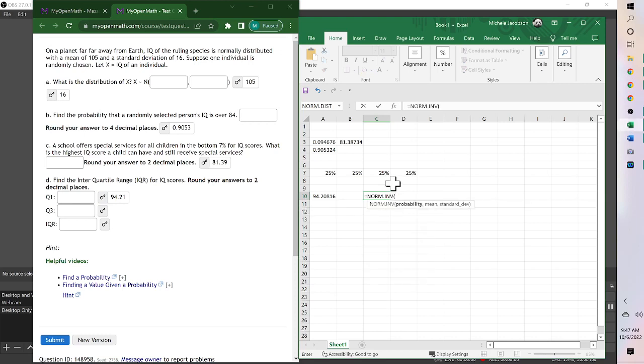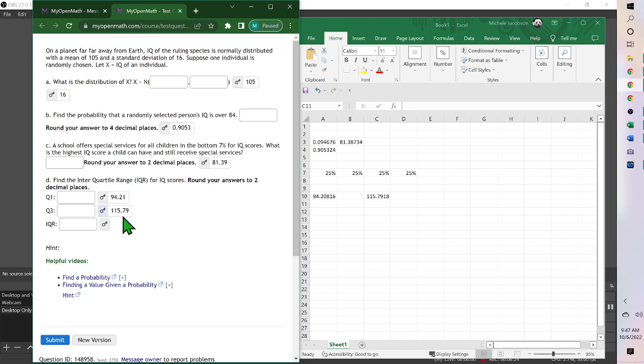Now the percent below this one is 75, so 0.75, comma, the mean, 105, comma, 16 for the standard deviation. Hit enter, and that's your Q3. The interquartile range, you just subtract the two. So 115.79 minus 94.21 is 21.58.